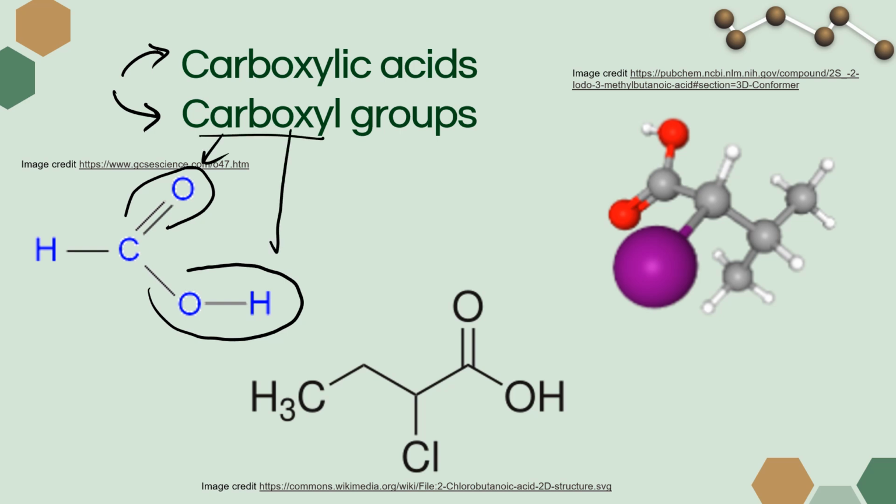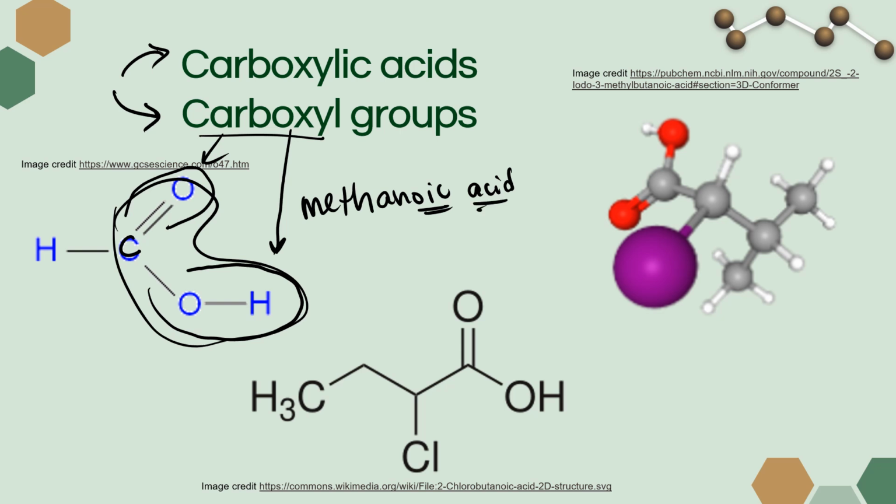Carbonyl plus hydroxyl is going to give us the carboxyl group, COOH, and then our compound class will be a carboxylic acid. We are going to count the number of carbons. One carbon is our prefix meth, and then I'm going to call it oic acid. So this one is methanoic acid. Oic acid tells us carboxyl group at the end.